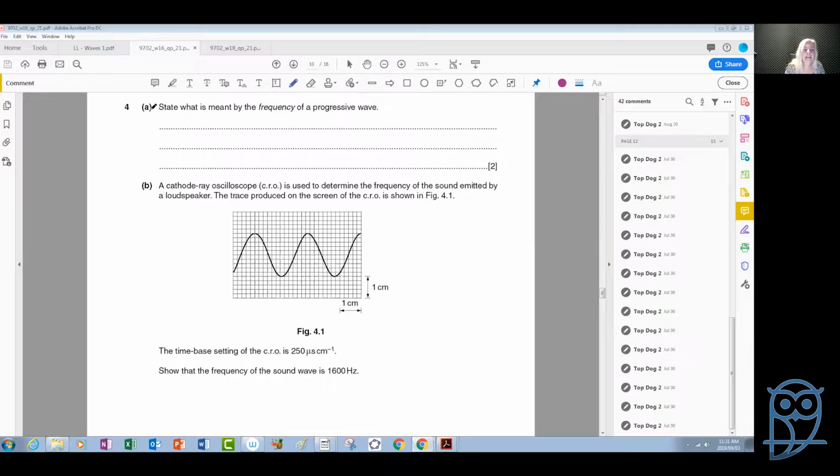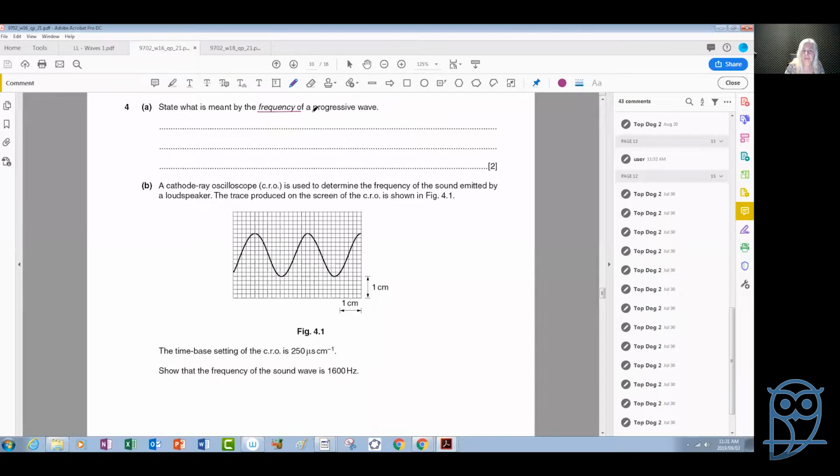The first question says, state what is meant by the frequency of a progressive wave. Well, frequency, we can say, is the number of oscillations per unit of time, isn't it?